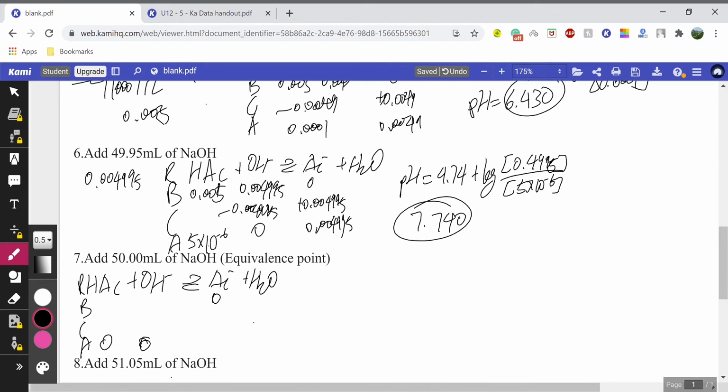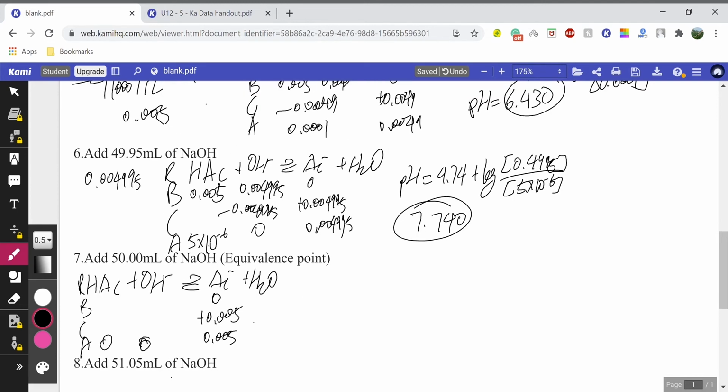So when we have 50 milliliters, it's also going to be 0.005. So we're going to plus 0.005. And this number is going to be over here as well for both of HAC and OH minus, minus 0.005. Now plus 0.005, and we are out of HAC and out of OH minus.